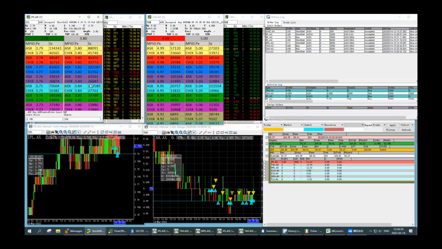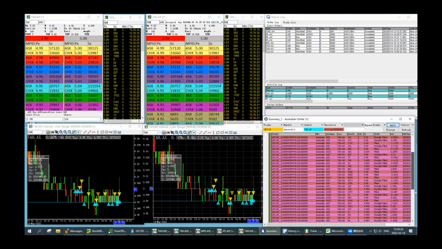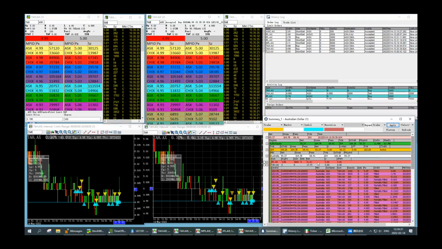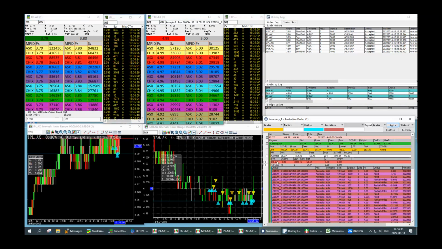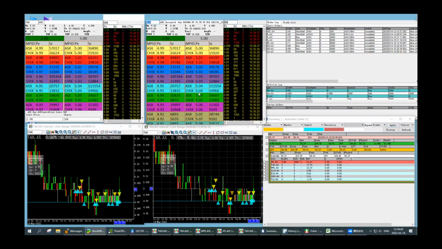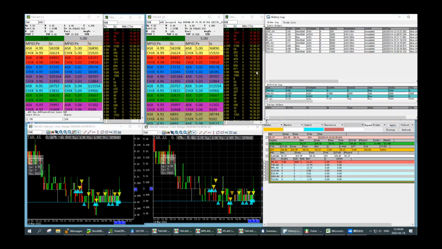So you can see I already flattened the symbol TAH and made some profit. And I still have the position of IPL because I think 3.8 is a resistance price, so I short at this price.